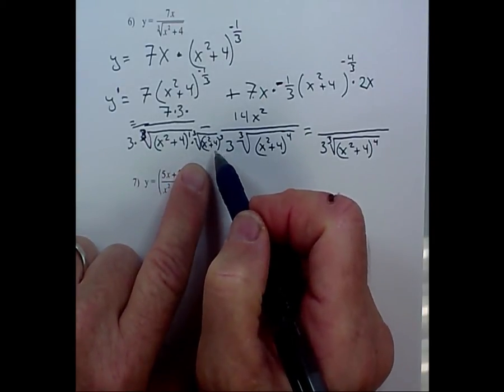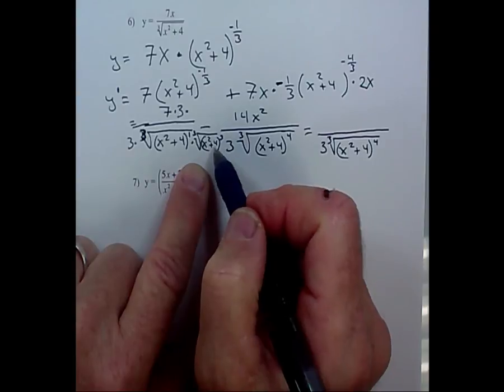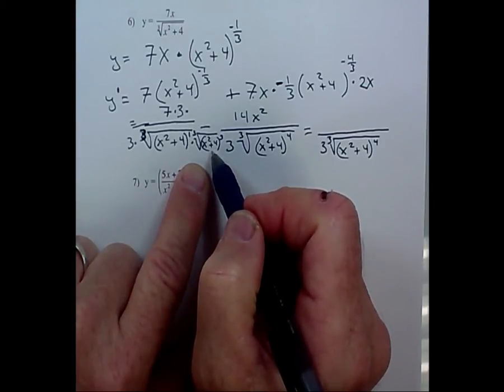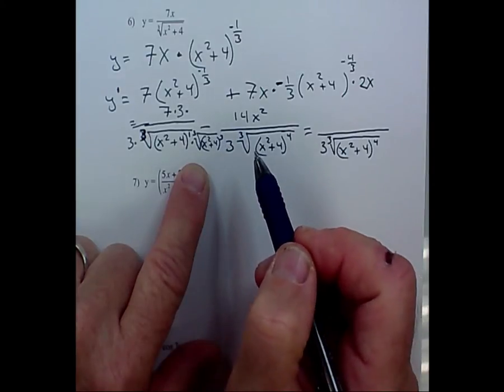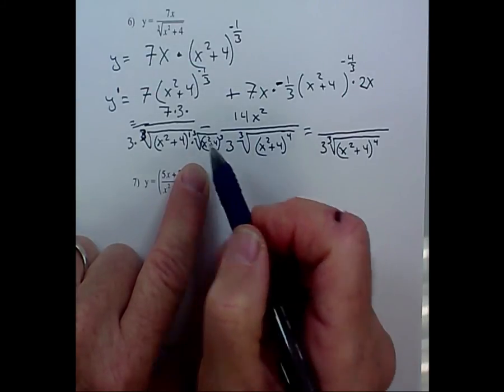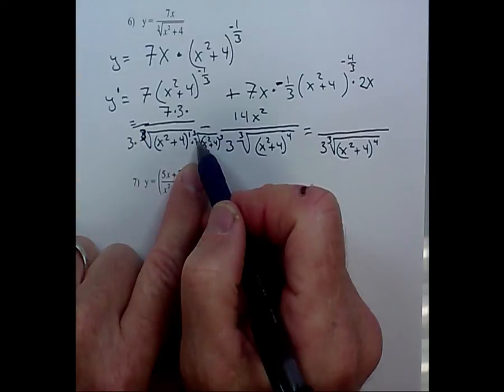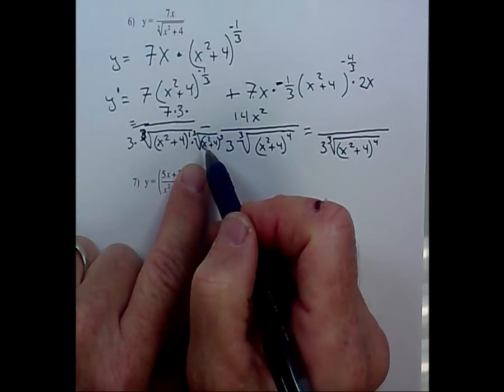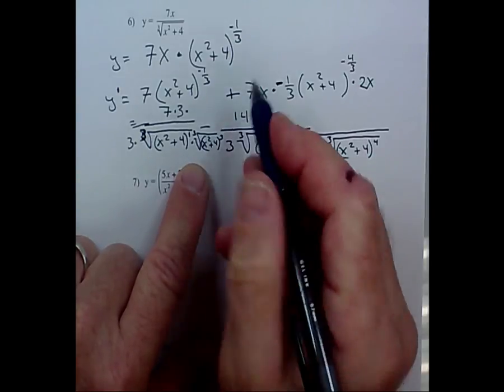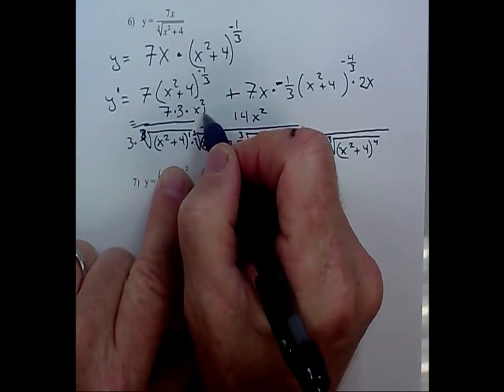But, Ryan, that was pretty insightful. I'm going to see if you got another insightful answer. What is the cube root of x squared plus 4 to the third power? It's just x squared plus 4, right? So I'm going to multiply up here by x squared plus 4.